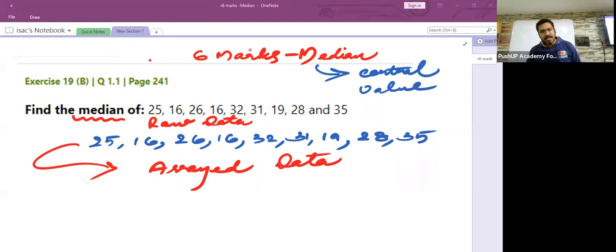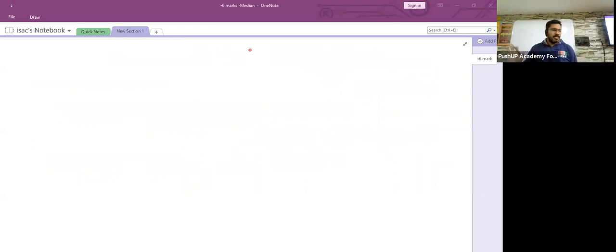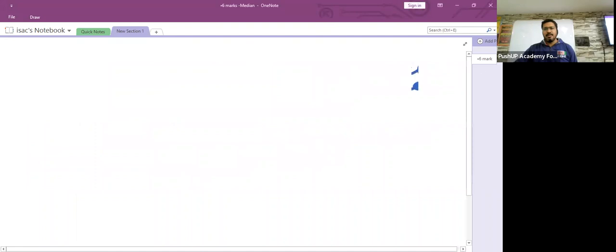When it is orderless, you call it raw data. When it becomes ordered, it becomes arrayed data. Now you must be thinking how to make this data look in an ordered manner. Very simple, children. You either write all the given observations in ascending order, otherwise, you write all the given observations in the descending order. You write it in any of these two forms.